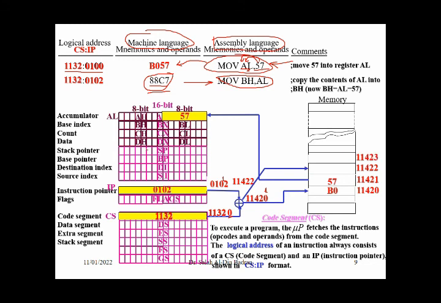The second step is, see, it will keep two locations for this because it's 2 bytes. So 1 byte will go here and the other part will be stored here.